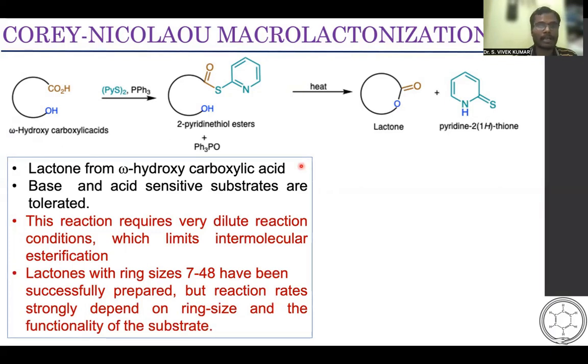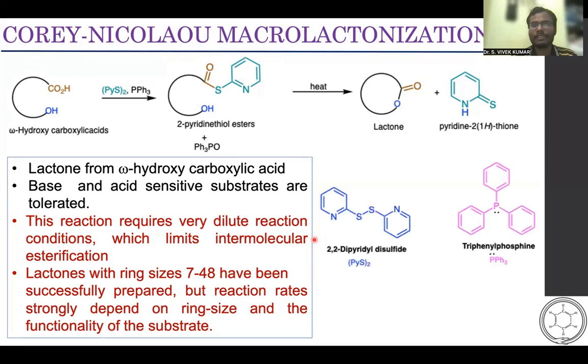This reaction needs very dilute conditions, which favor the intramolecular esterification reaction, and lactones with ring sizes 7 to 48 have been successfully achieved by this strategy. However, the reaction rate strongly depends on both the ring size as well as the functional groups present in the omega-hydroxy carboxylic acid.